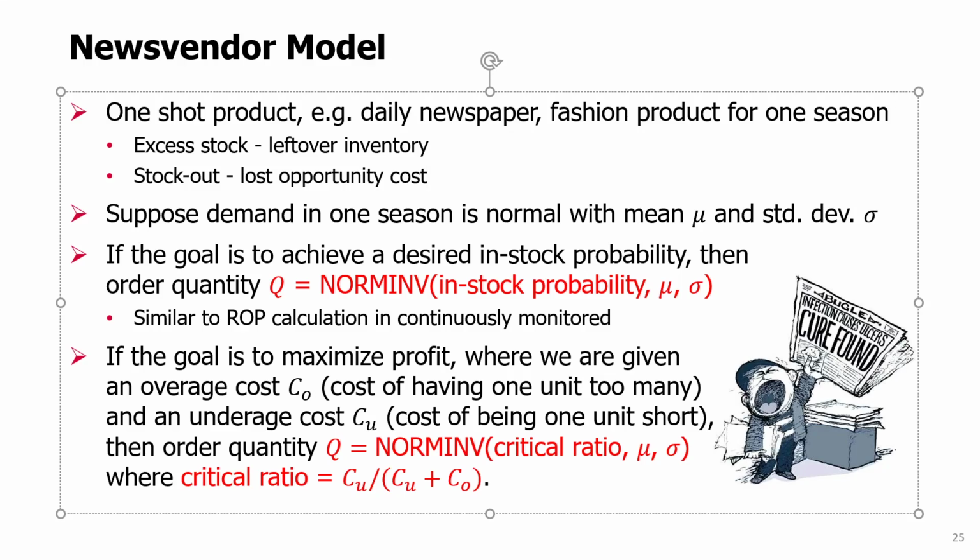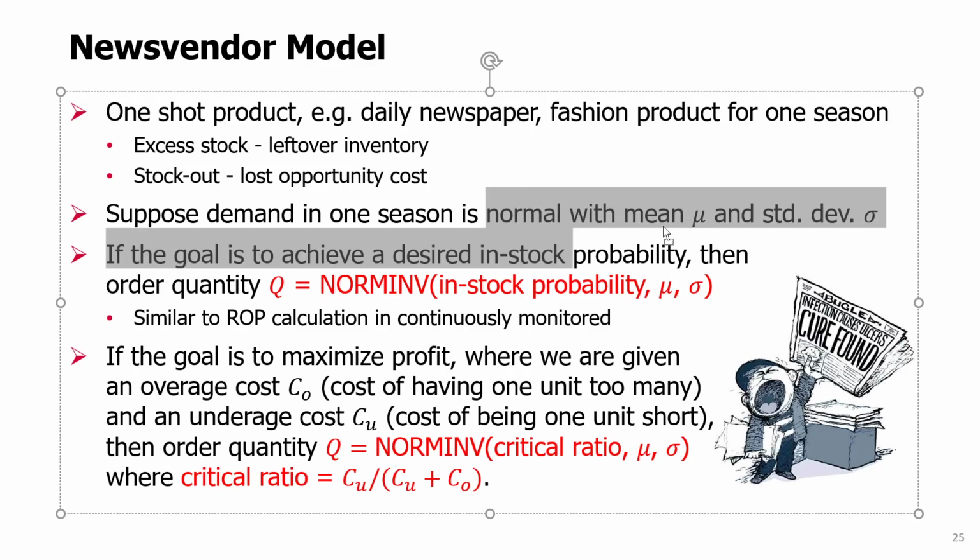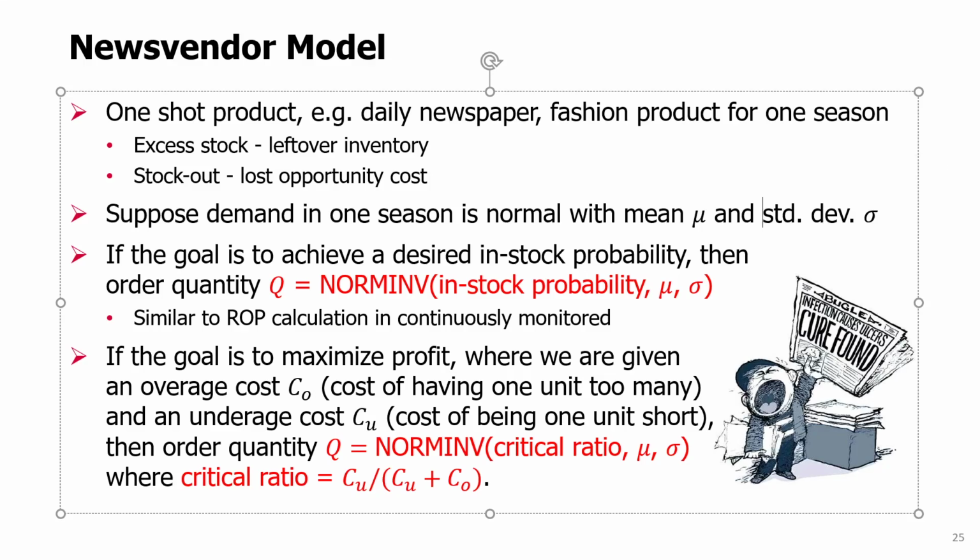That did not happen. Now, suppose that the demand in the whole season is normal with a mean mu and standard deviation sigma, and you also have a desired in-stock probability. Then you can calculate how much inventory you should order for the full season using a function similar to the ROP, reorder point, calculation.